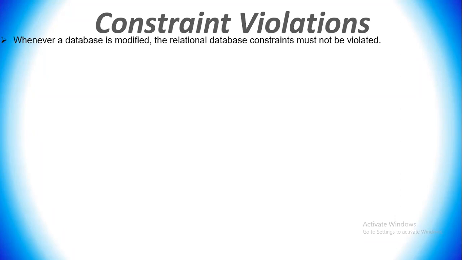But if you try to change it to a different domain, like changing from string to integer, then it will not allow, because it will violate the domain constraint. So in a database, those are schema-based constraints.